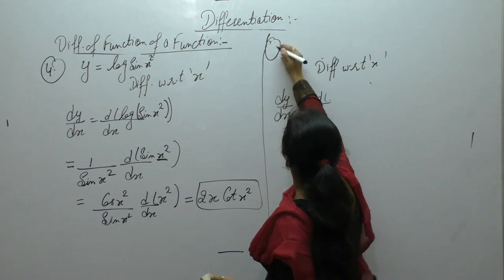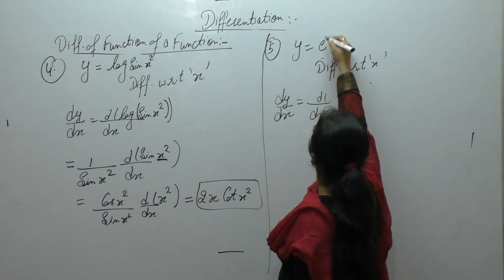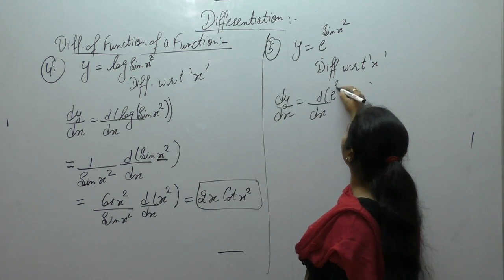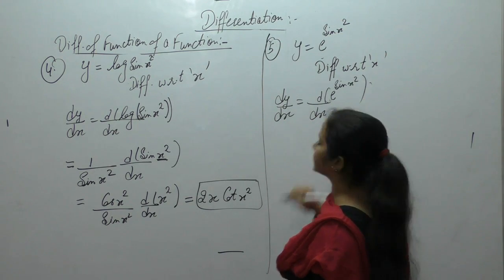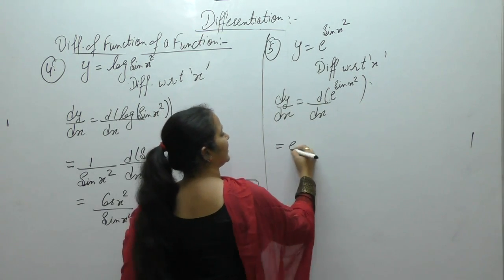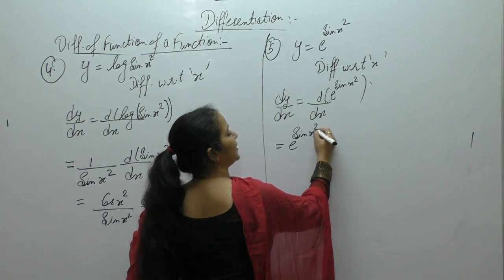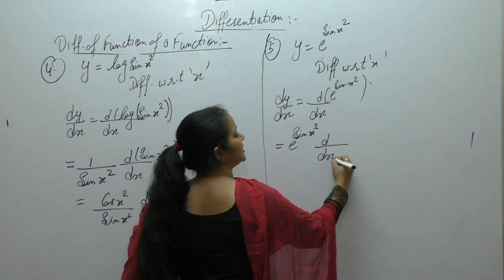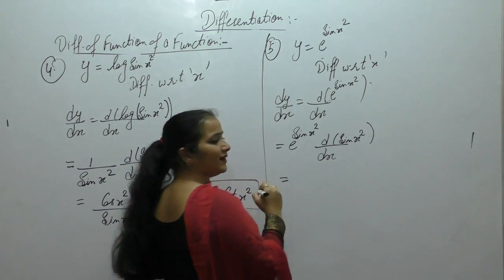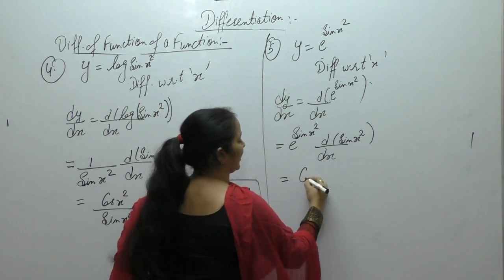Next is y is e power sin x square. Now derivative of e power sin x square. Derivative of e power x is e power x. Instead of x we have sin x square here. So derivative of sin x square. Derivative of sin x is cos of x.